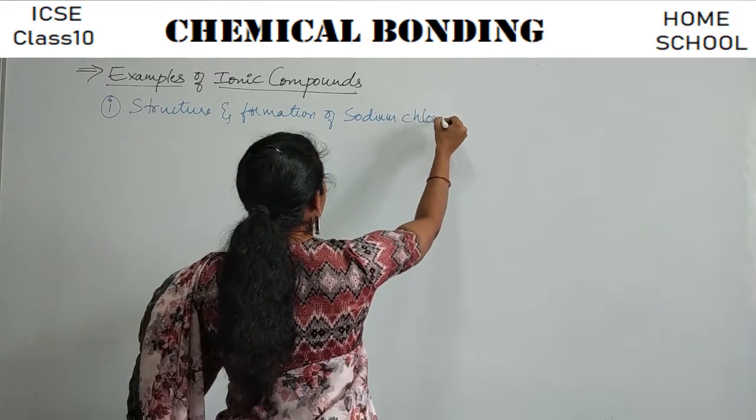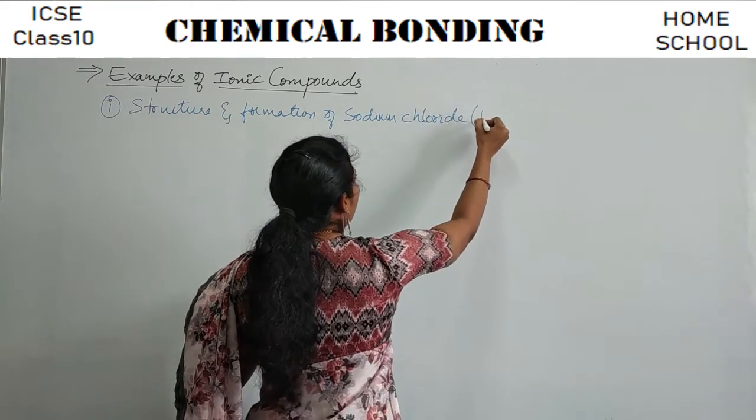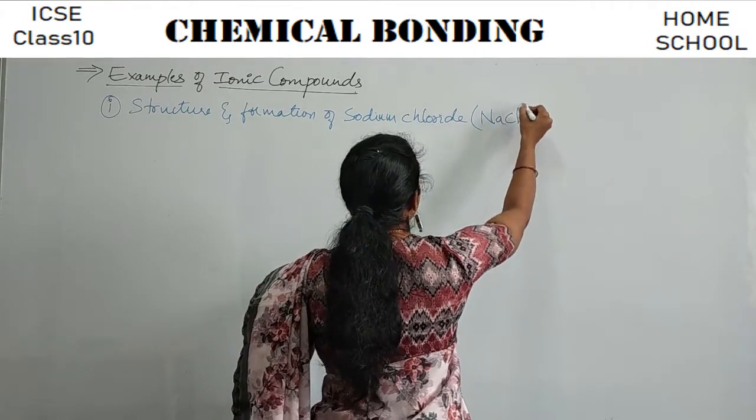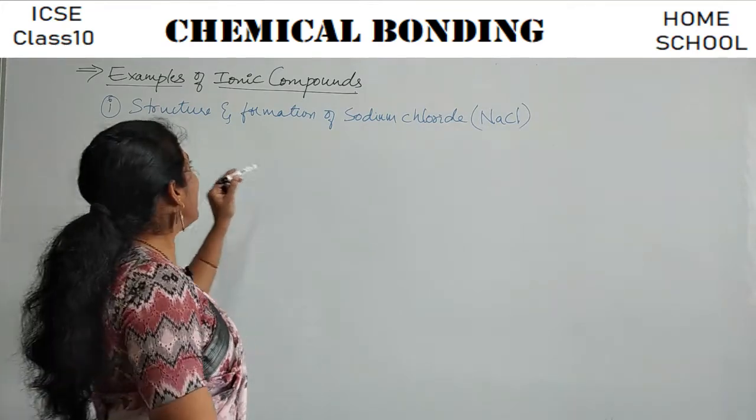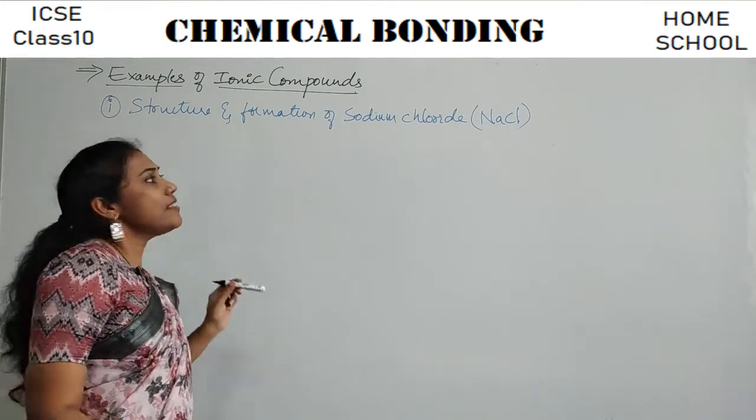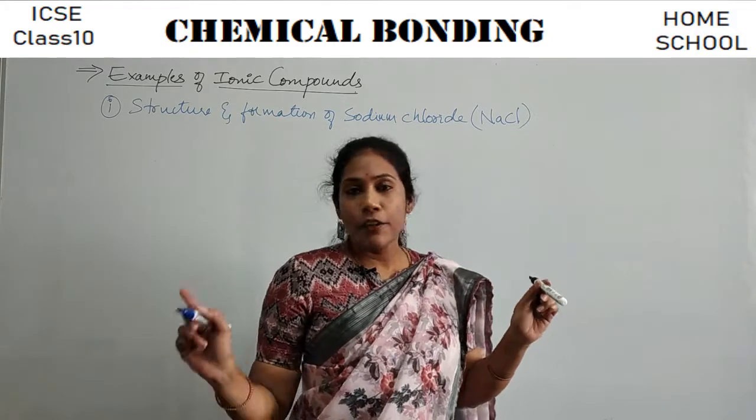Sodium chloride, a well-known chemical compound. So what is its formula? NaCl. It is one basic example of an ionic compound, and let us see how this NaCl can be formed.